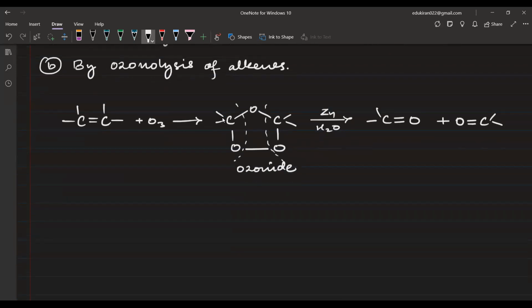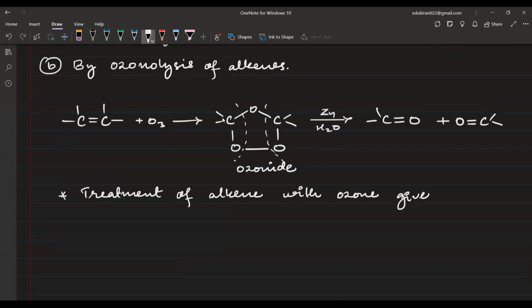Please write. Treatment of alkene with ozone gives ozonide.